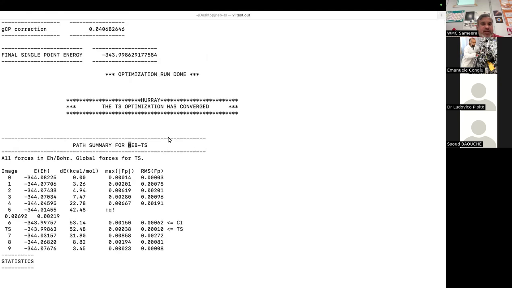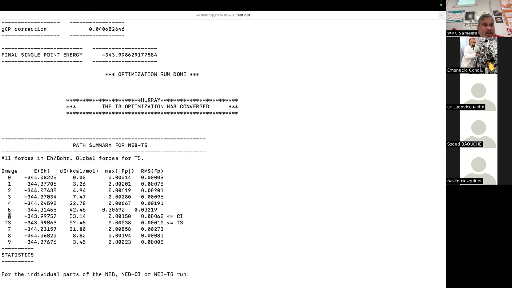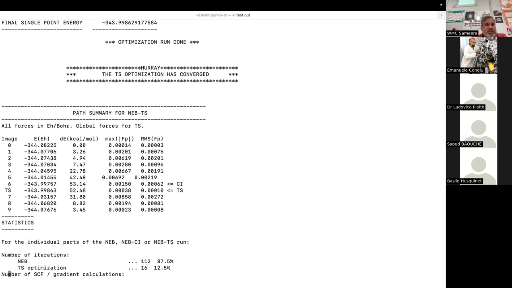So you can find the path summary, and then there are some... I accidentally edited it some way. Anyway, okay. Now, in the path summary, you can see the energy of the data points that it computes, and it also gives the energy of the transition state here.